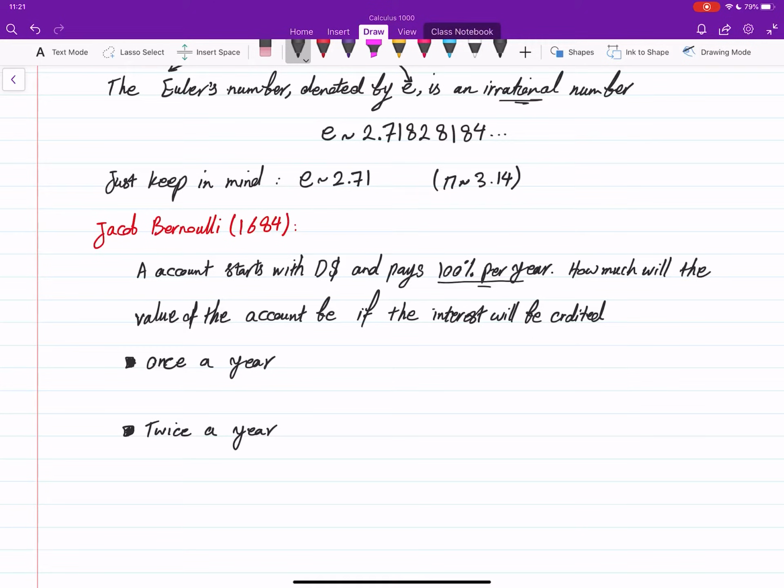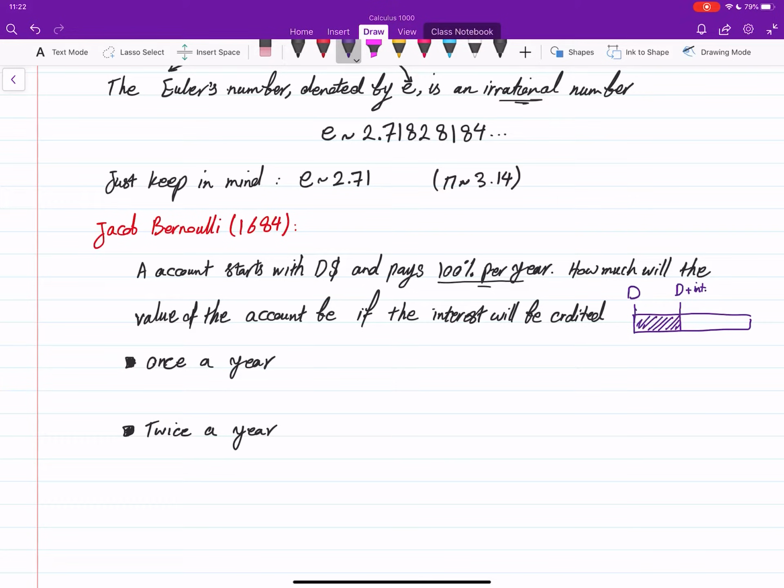First of all, why is such a thing important? It's very nice to see it here, because if at some point interest is credited into the account, from that, at the end of that period, we not only have $D in our account, but also $D plus the interest of that period.